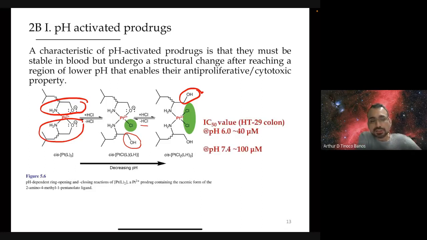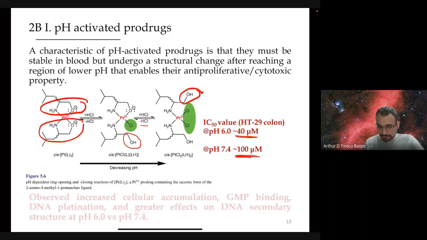So the observation of this built-in pH response is the following: when tested against an HT29 colon cell line, the IC50 value at pH 6 was actually lower than the IC50 value at pH 7.4. And that is because, or at least believed to be the case, that at pH 6, the platinum center was more ligand exchange prone, enabling the platinum to potentially platinate DNA, whereas at pH 7.4, that reactivity was not as present.